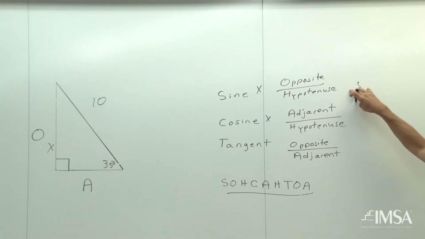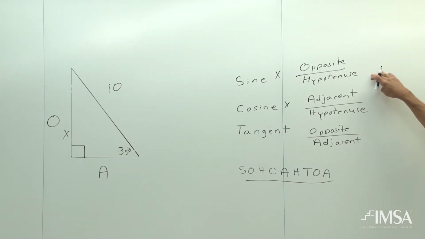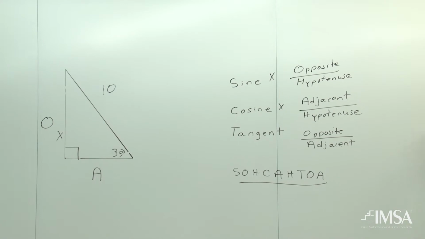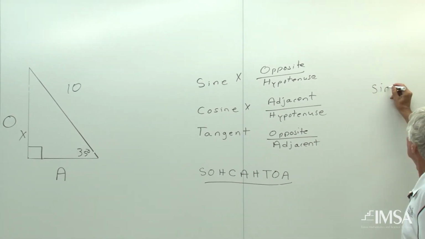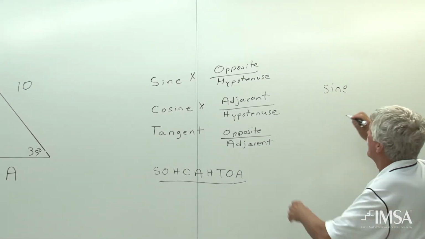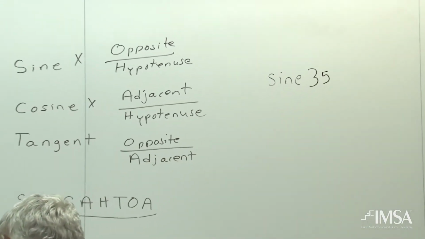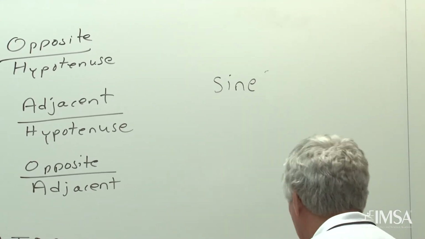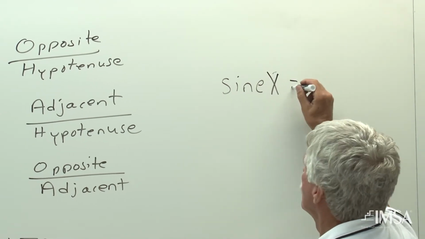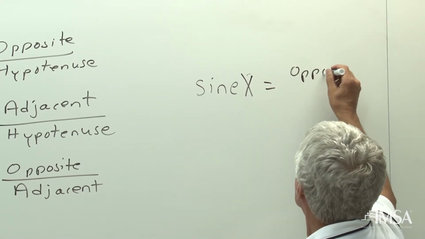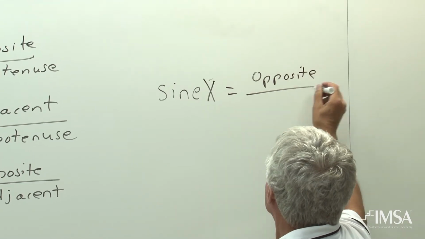I'm going to use this top one. I'm going to use the sine of the angle. So I set up the relationship. Let me just write it out so we can see it. The sine of x is equal to the opposite divided by the hypotenuse.